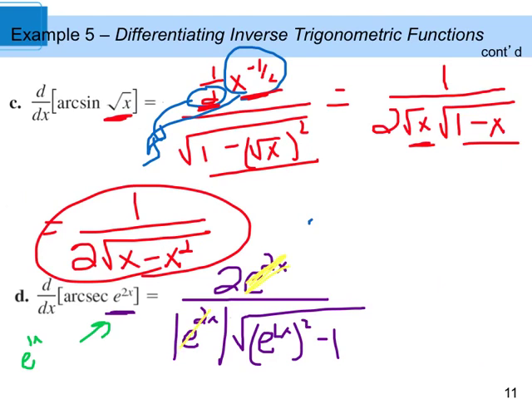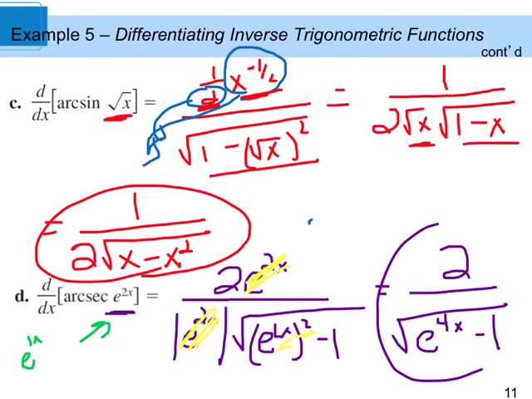This e to the 2x and this e to the 2x are gone. And then in here we're going to take a power to a power and multiply those powers. So this simplifies to 2 over the square root of e to the 4x minus 1. And again, that can't be simplified.